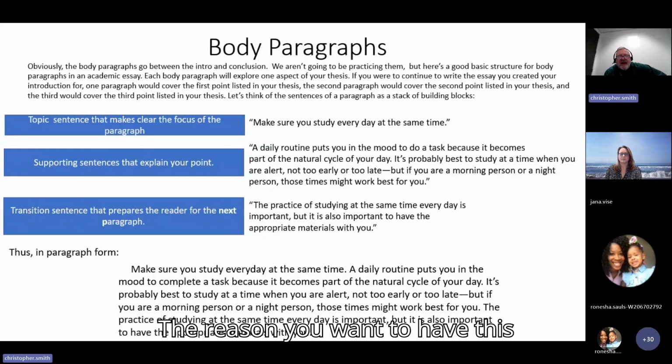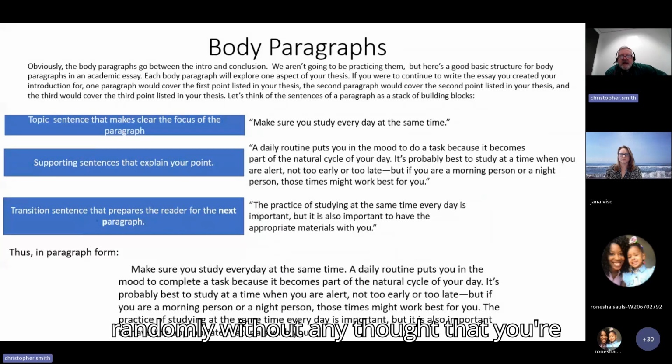The reason you want to have this transition sentence is that it will make your papers flow a lot more smoothly. It won't feel like every paragraph is plopped in disconnectedly or maybe even randomly, without any thought that you're building towards something.